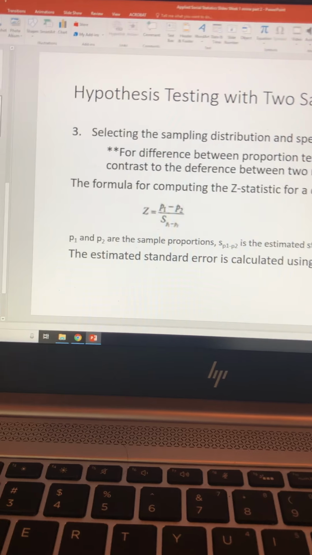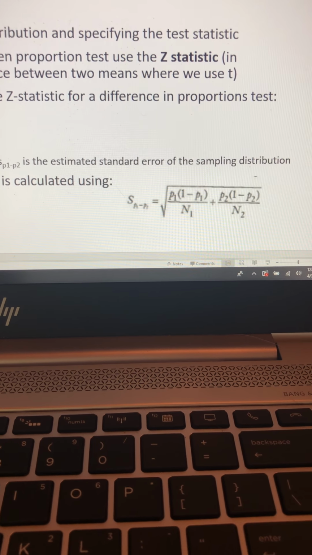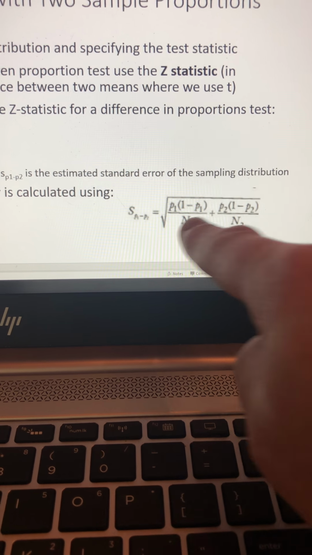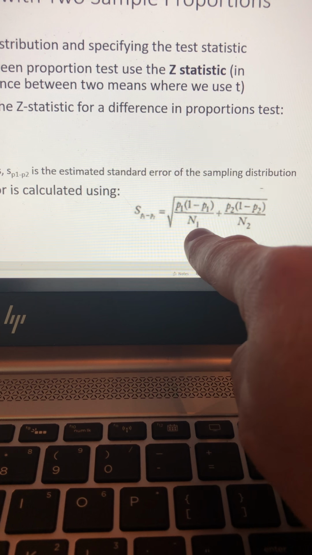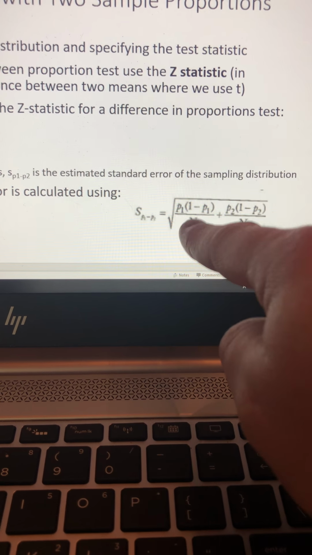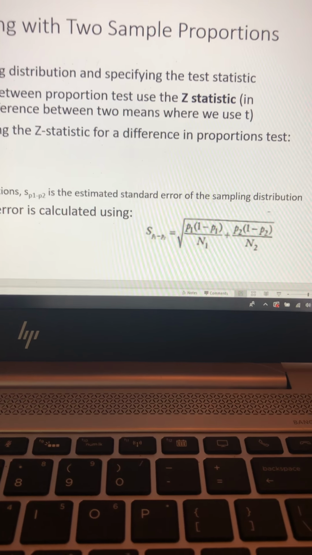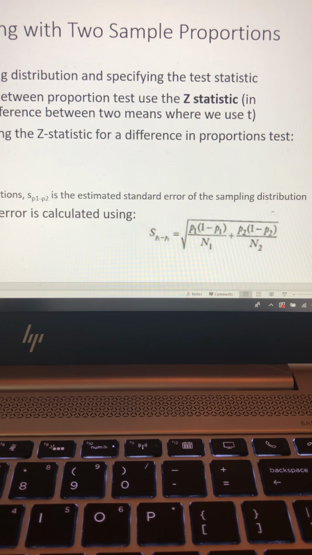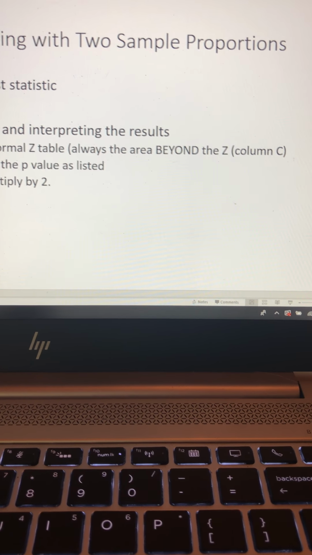Just like before, your kind of tricky equation was the standard error estimation, but this one is actually a little kinder, I think. Here's the proportion of group 1, proportion of group 2, sample size of group 1, sample size of group 2. It looks more complex than it is. So you do the same thing: calculate it, compute the test statistic, and make the decision.